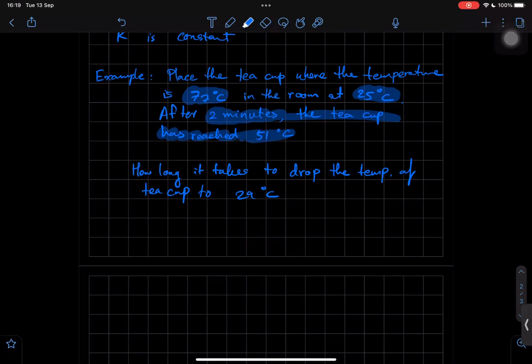Okay, so what we know is big T equal to 25, right, and also x at time 0 is 77. x at 2, after 2 minutes the temperature dropped to 51 degrees Celsius.